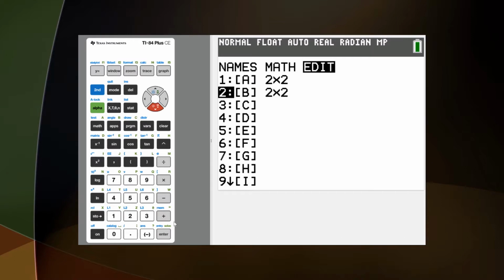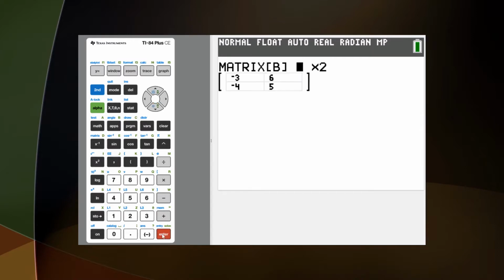Go down here to B, go to edit, scroll down to B. Still a 2 by 2, I'm okay with that. And let's see here, I got 4 and 6 in row 1. Well, that 6 is already there, so I can take that. And then we've got, excuse me, -2 and 5.